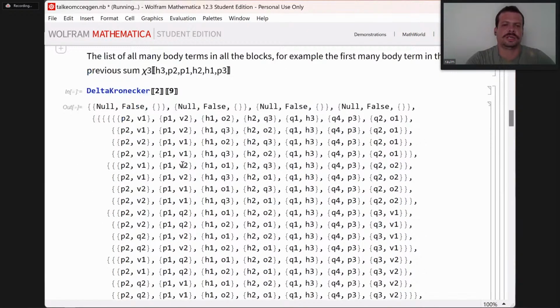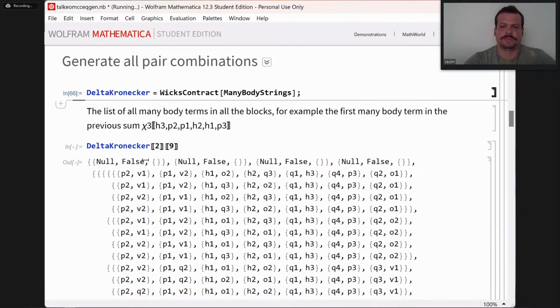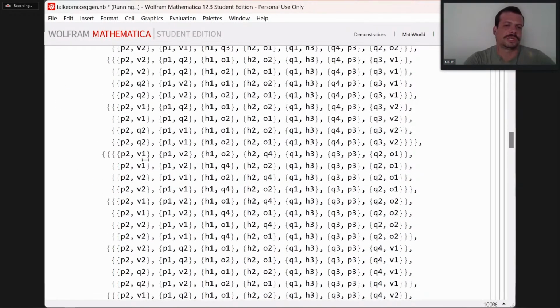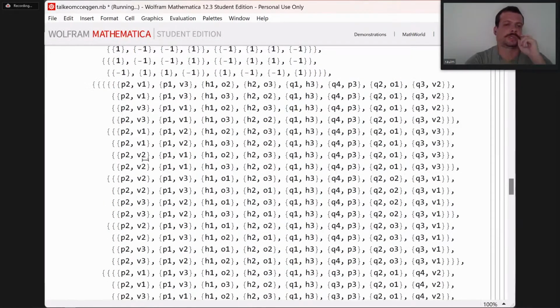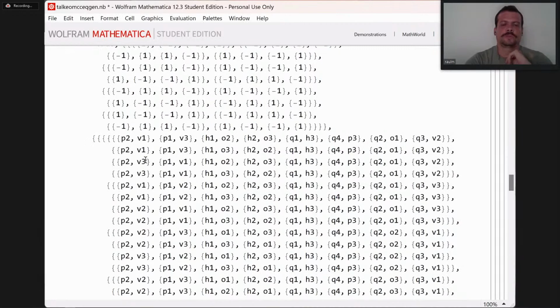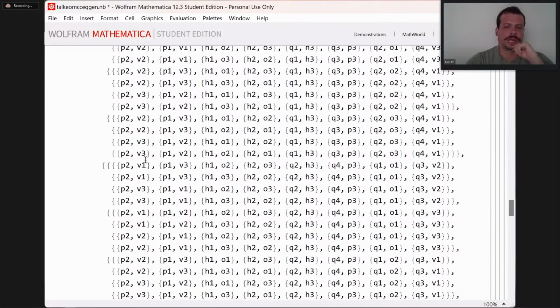So you can see that whenever we have a false entry, we already put a null to not evaluate it again. So yeah, here I'm showing all the possible part combinations that we obtain. We also have a sign associated to these part combinations. And yeah, we obtain a lot.